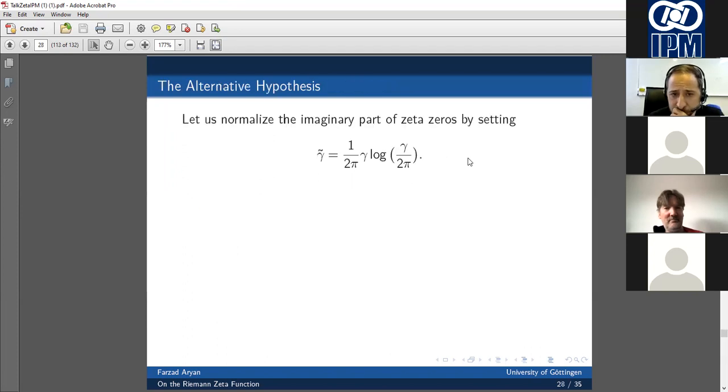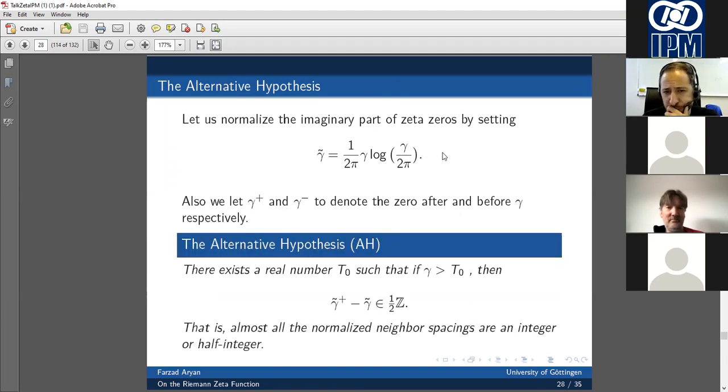So if I want to explain what the alternative hypothesis is, an alternative to the prediction of Montgomery, let's normalize the zeros so that the average gap equals 1. This is a formulation from Farmer, Gonek, and Lee that I'm using here. It says that after a certain height, the normalized spaces between zeros are going to be just half integers.